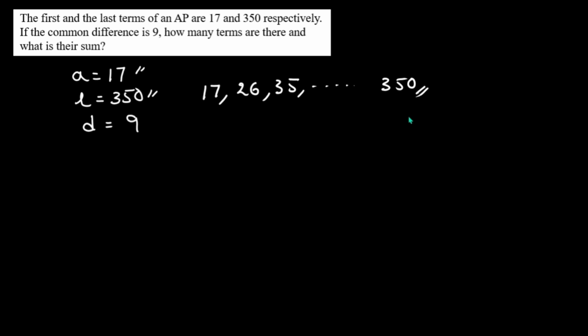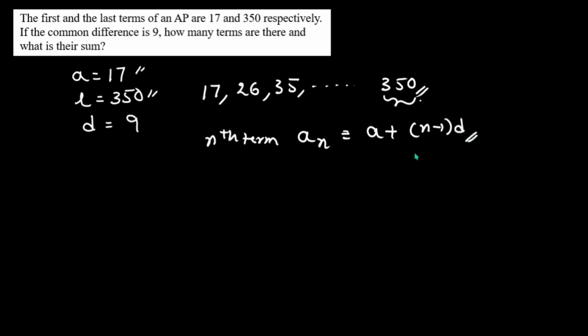So what is asked here? How many terms are there in this series? So let's write the nth term. I represent the nth term with an. To the first term, you need to add n minus 1 differences.